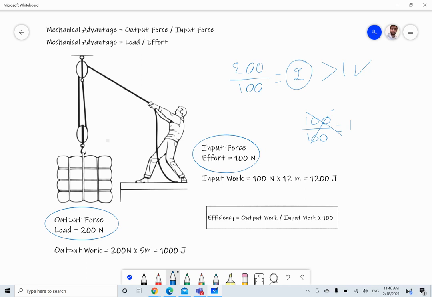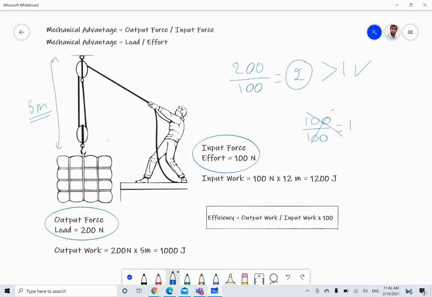Now, since we talked about the input force and output force, we need to know that there's also something called the input work and the output work. The output work is the work done by the machine. Let me tell you, for example, that the distance this object will be crossing is about 5 meters.